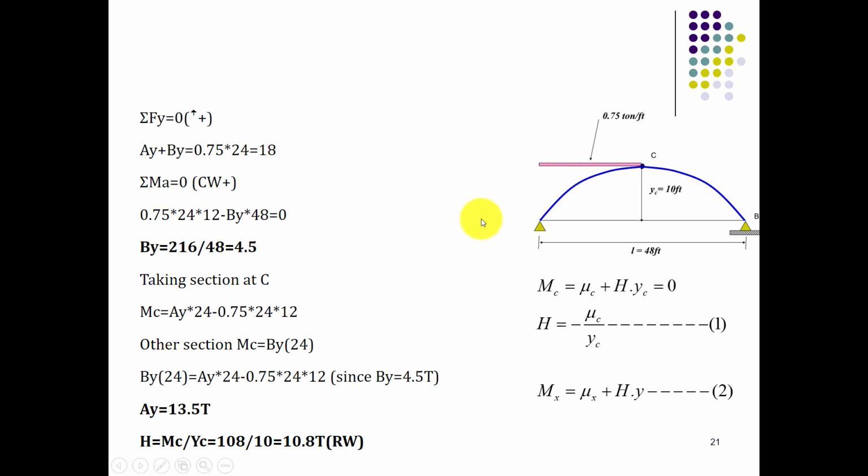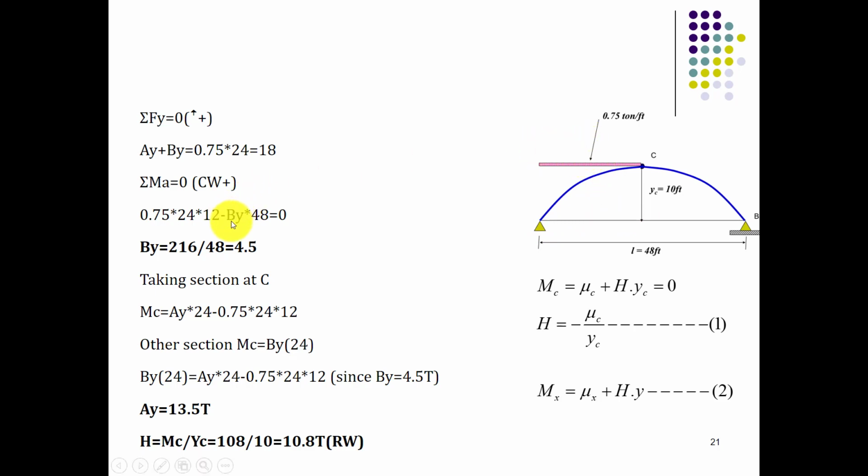After this, you will take the moment at point A equals 0 to calculate the value of BY. So the moment equation would be 0.75 times the value of the span, which is 24, multiplied by the moment arm, which is 12 feet.